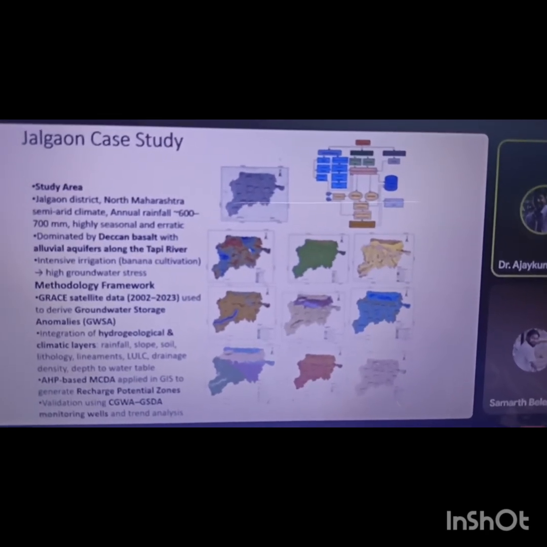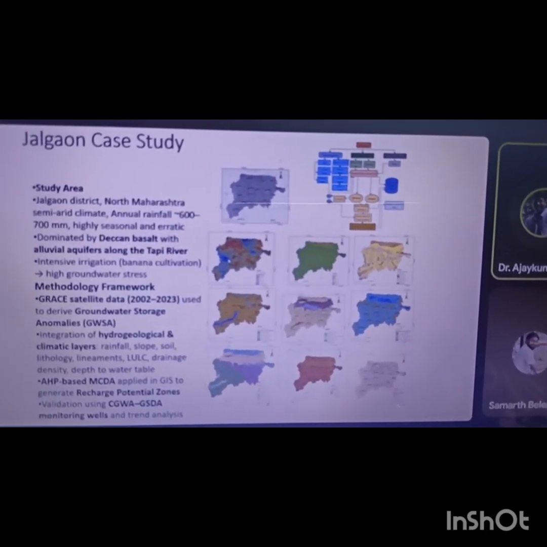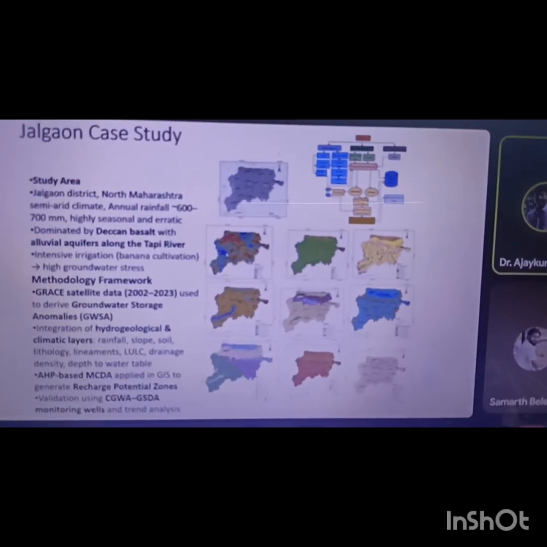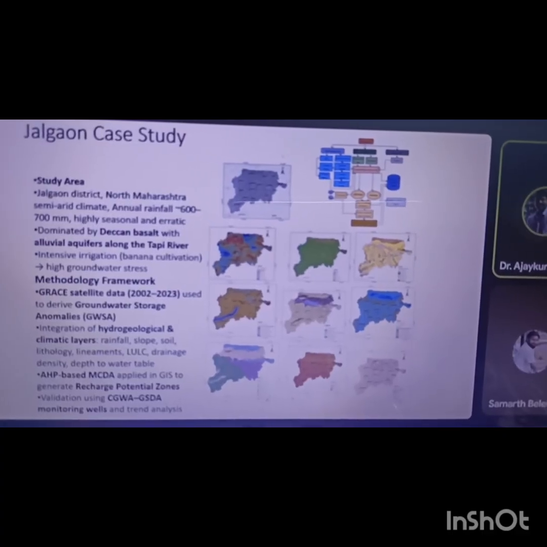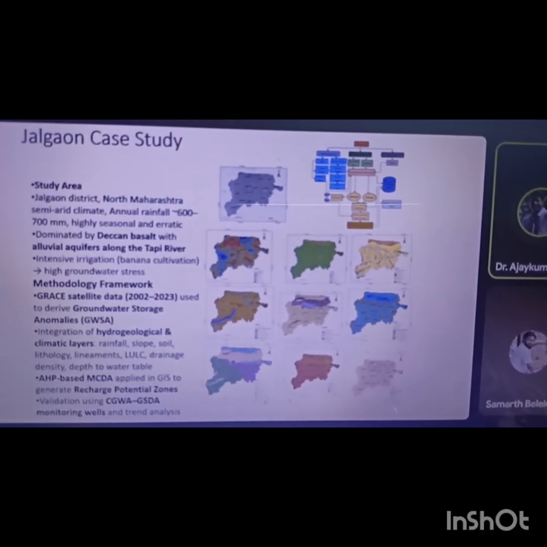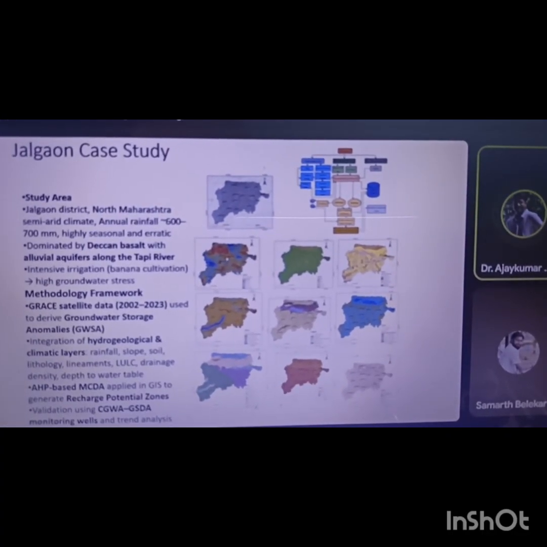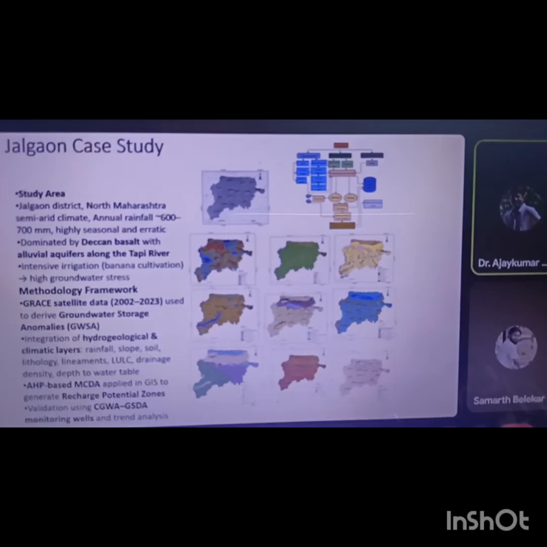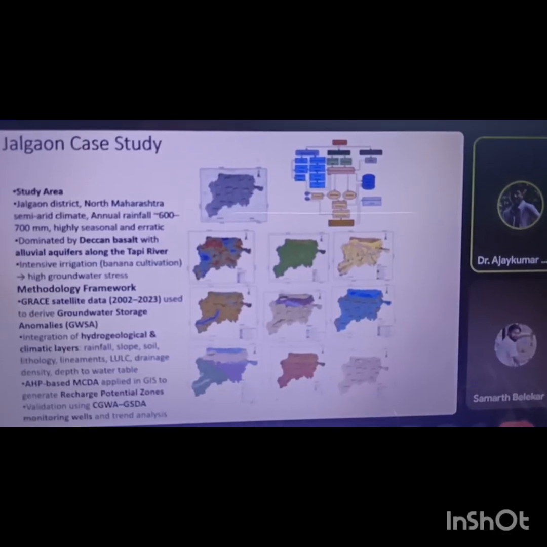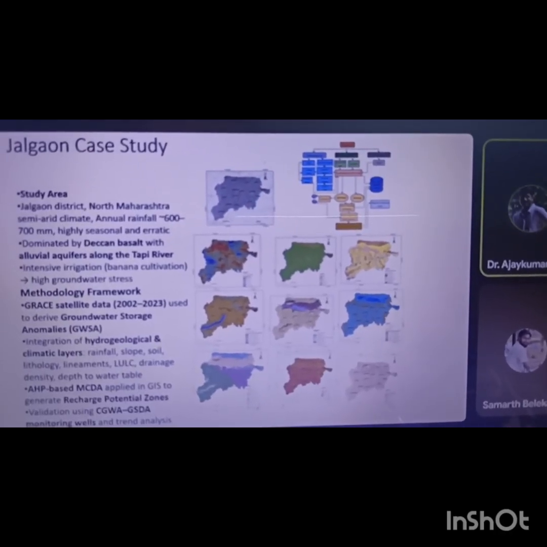This is one of the basic layers required for groundwater potential mapping, because the main factor that influences groundwater potential is rainfall. If there is no rain, groundwater recharge cannot happen. So this is one of the major influencing layers that we have to consider.